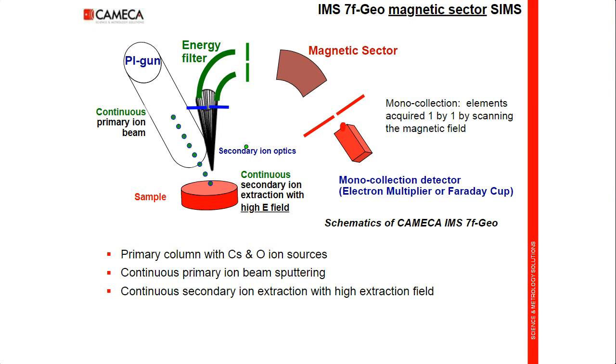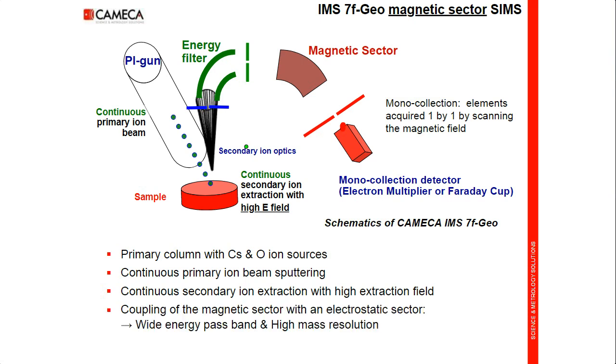In magnetic sector SIMS instruments, the secondary ions, which are characteristic of the composition of the analyzed area, are separated in a magnetic sector analyzer according to their mass. The design of CAMECA magnetic sector SIMS instruments is based on a double focusing mass spectrometer design, that is, the coupling of the magnetic sector with an electrostatic sector.